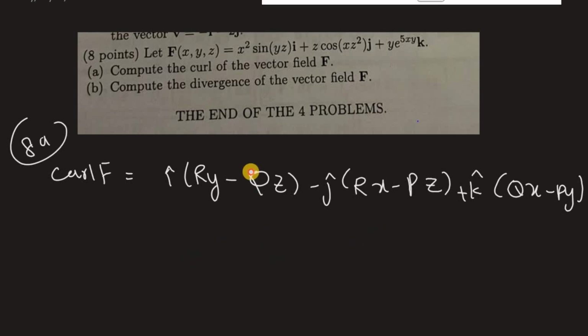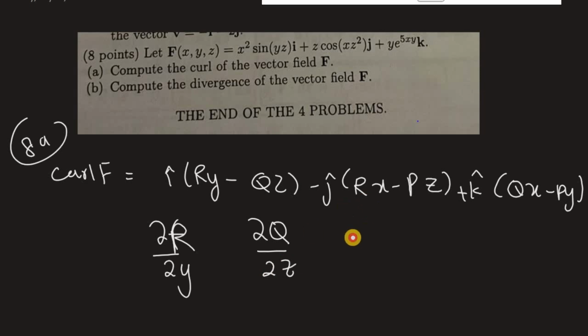This means the partial derivative of R with respect to y, and this means the partial derivative of Q with respect to z, the partial derivative of R with respect to x, the partial derivative of P with respect to z, and so on. I hope you guys understood it. That was just to explain the notation.